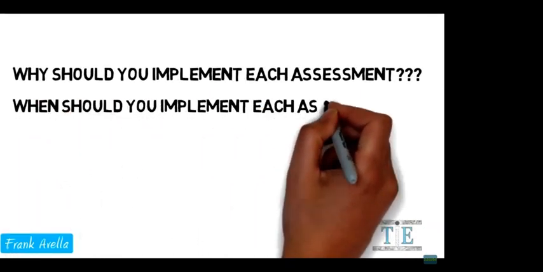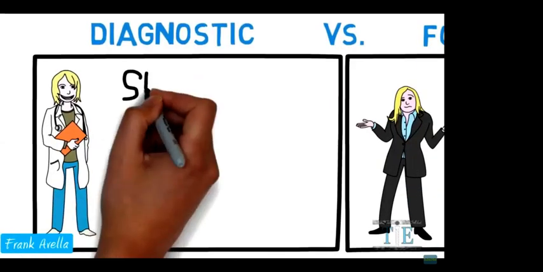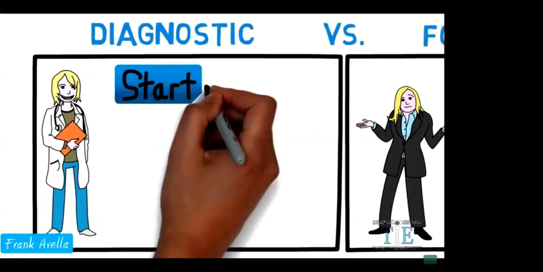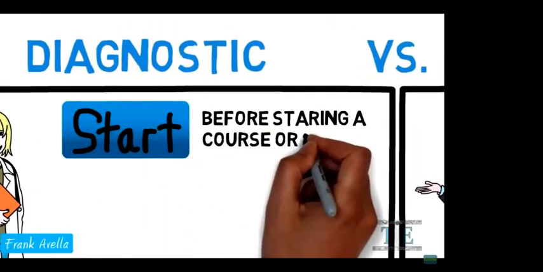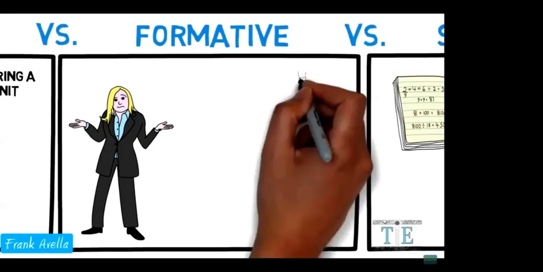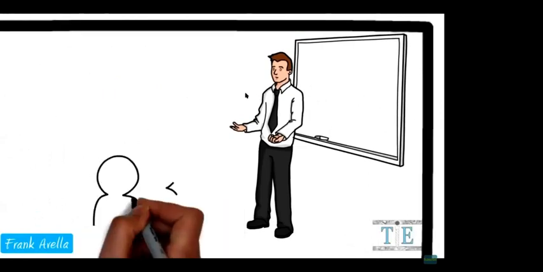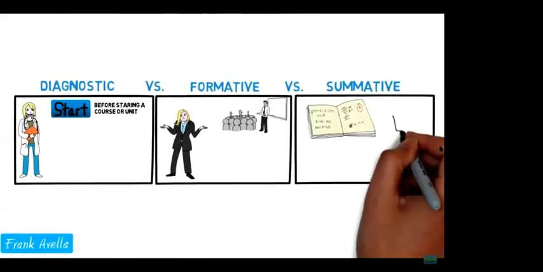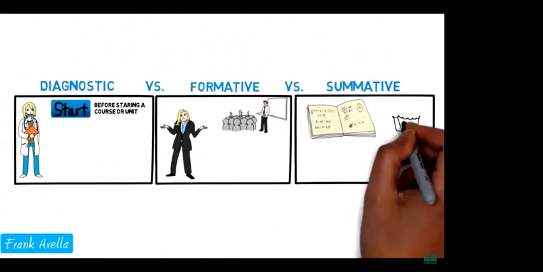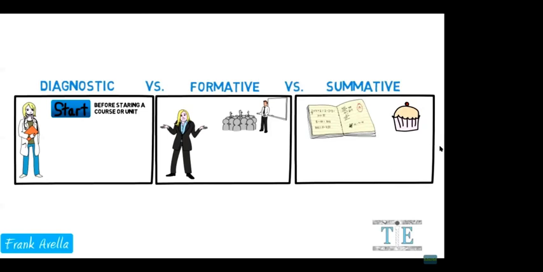When should you implement each assessment? Well, diagnostics are often given the first day of class, mostly before starting a course or a new unit. Formative assessments are administered directly during the teaching process, and summative assessments are given last, at the end of the unit or the end of the period or course.